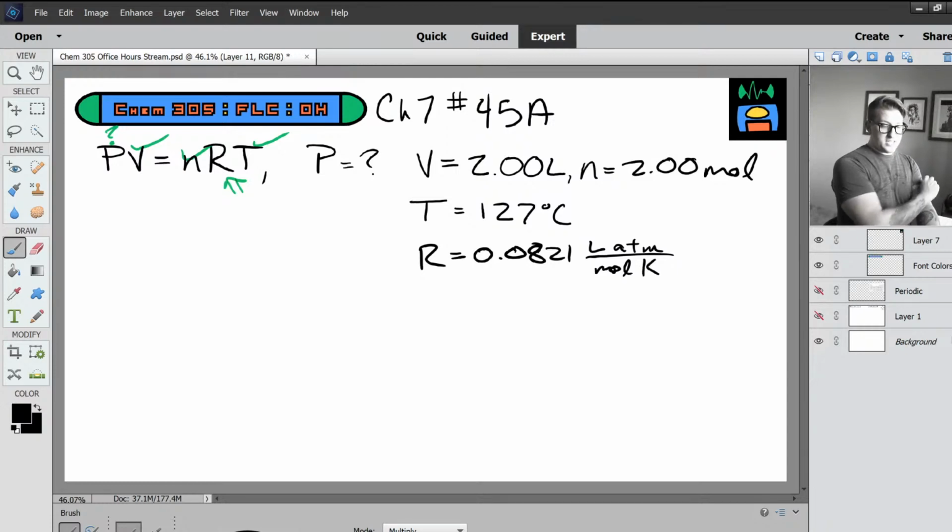So that is what you will always plug in for R. And you'll notice that the temperature unit here is Kelvin, and the temperature unit given was degrees C. So we need to do a unit conversion and add 273 if all of our units are going to cancel.